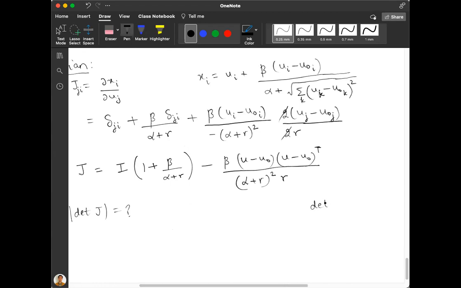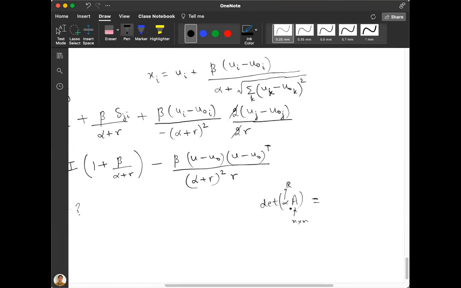If you want to compute the determinant of some constant alpha times a matrix A, where A is n cross n, then what is the value?